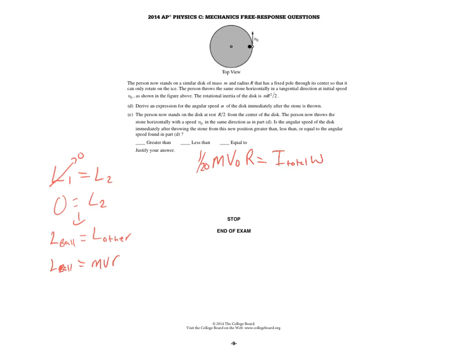So I total is going to be the moment of inertia for the disk plus the moment of inertia for the boy. All right? And so I total then is equal to mr squared over 2 plus the boy, which would just be mr squared.